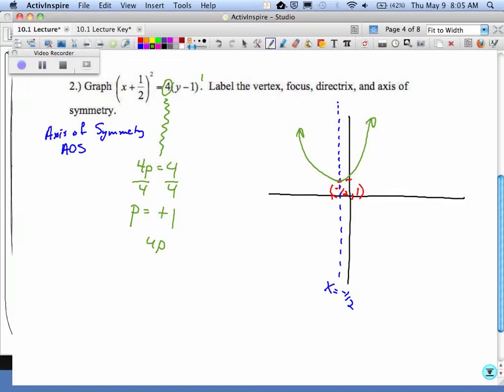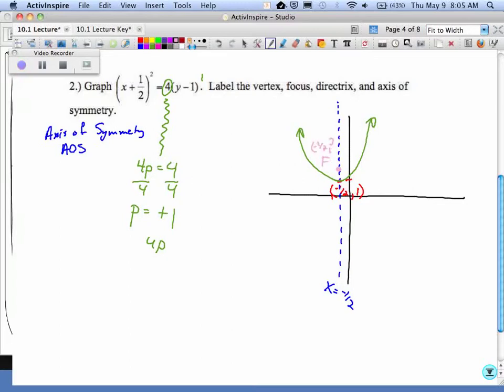So go back to your vertex, and we're going to go up 1. How would you label that dot? It's the same x value, still on that line, but now you are adding 1 to the y value. So the focus right there is negative 1/2, comma 2. You add it to the vertex.